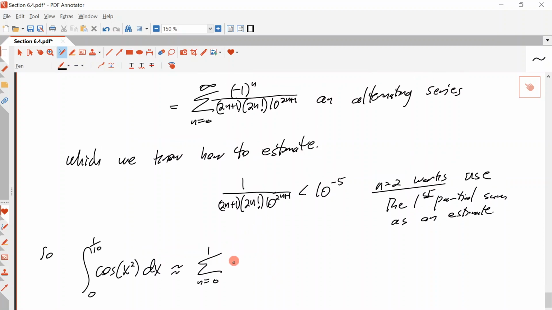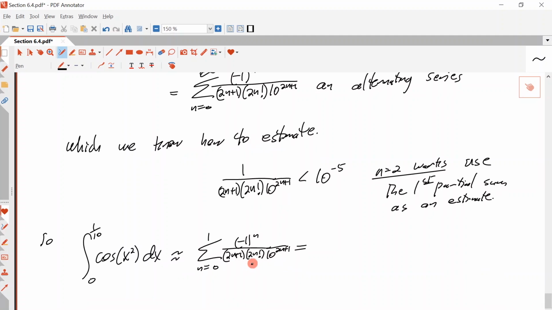So at 0, it's (-1)^n over (2n+1)(2n)!, 10 to the 2n plus 1. At n equal to 0, this is all just 1/10.